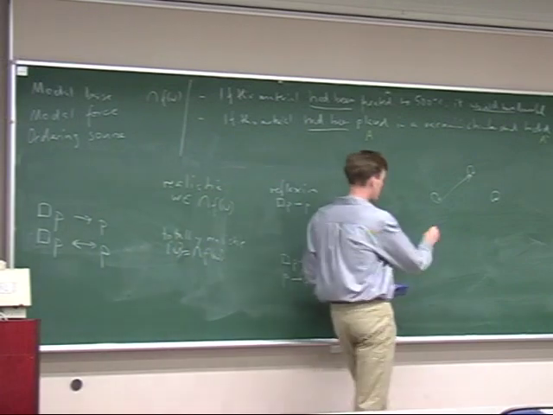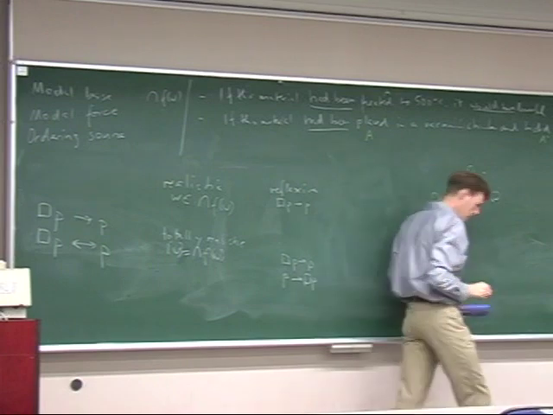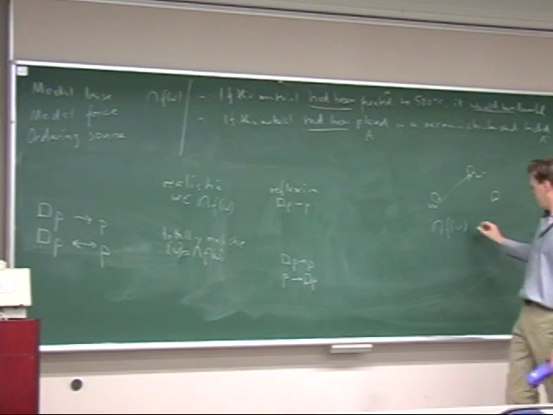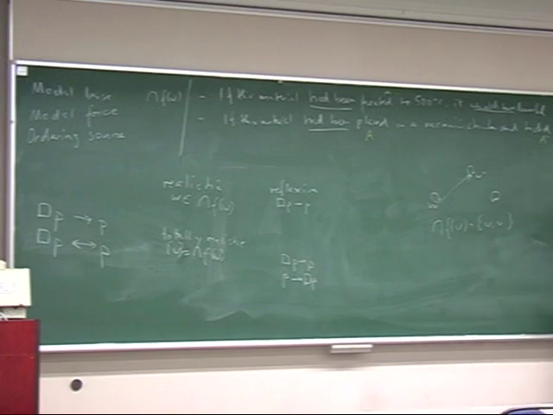We want that because right now, if this is W and this is W prime, then in the modal base at W we have two possible worlds, right? We don't want that.